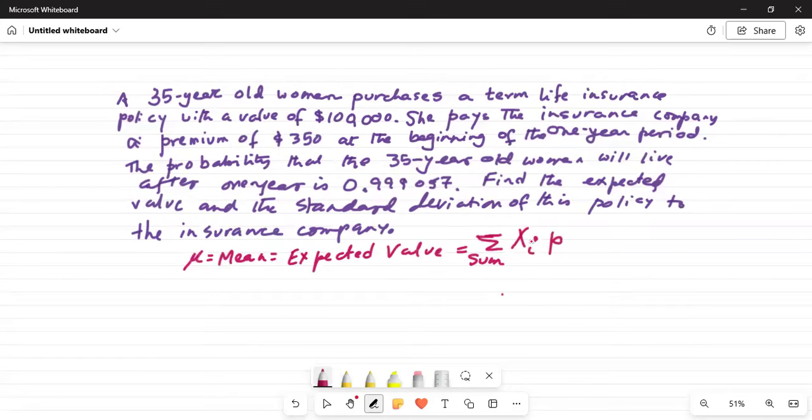You can write this as xi pi. Here i is 1 and 2. First one, they gain 350. Second one, they lose 99,650 and the corresponding probability. So once you find the mean, then from each x value, you subtract the mean. This is the deviation from the mean.